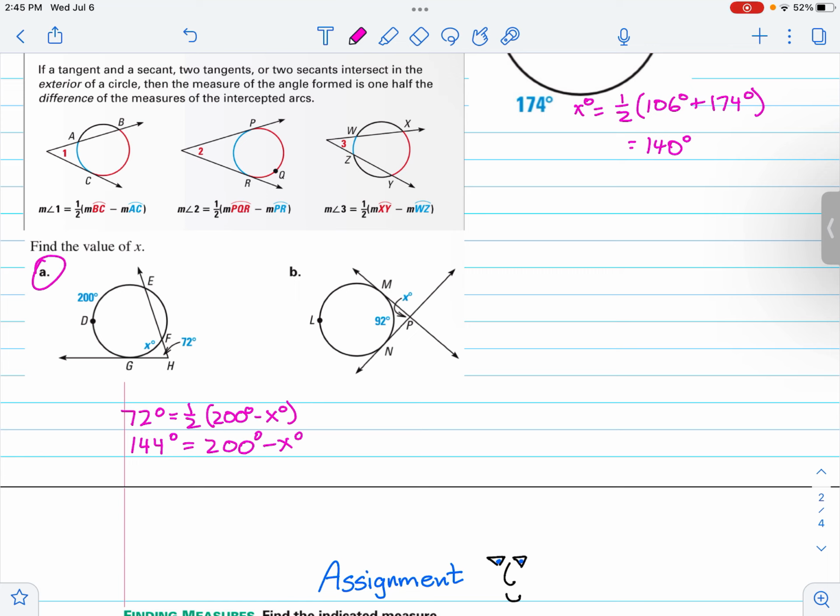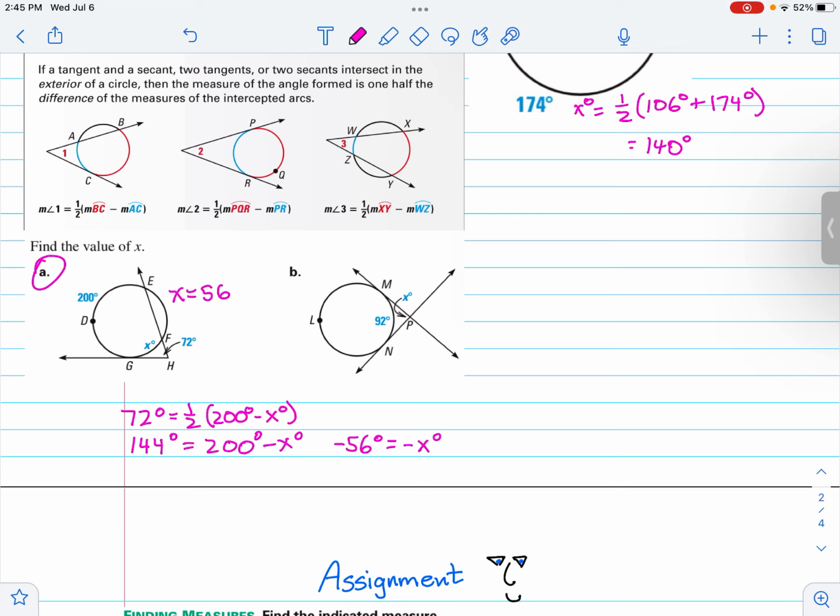If I subtract 200 from both sides, I get negative 56 equals negative x, so x is equal to 56. We can try it out: 200 minus 56, divided by 2, gives 72. So it all works out.